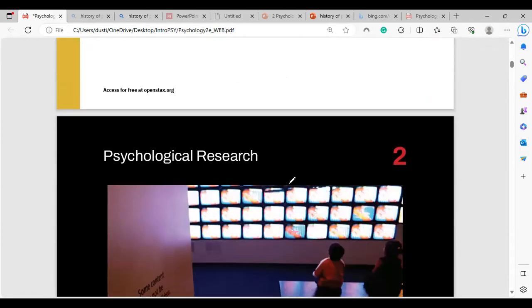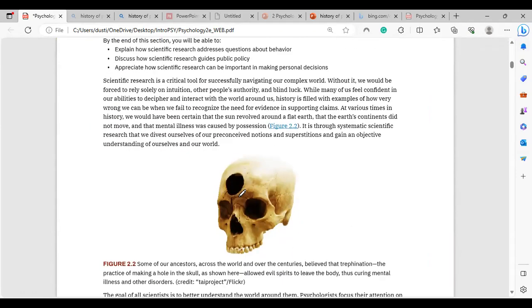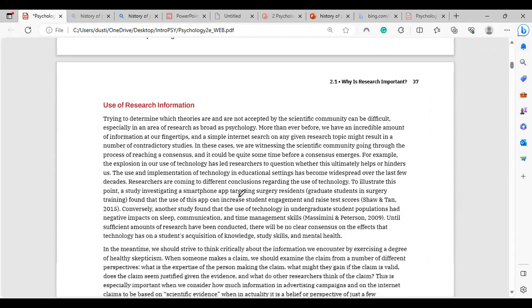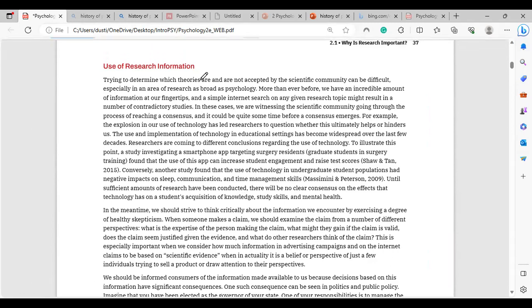All right, we're gonna go into psychological research. I'm not gonna go too much into this. I think it's important. I'm gonna start wrapping up the videos as well. The use of research information and what that means and why it's important in our work, and how we approach behavior. I think that's important when we approach behavior and look at behavior. There are steps, right?